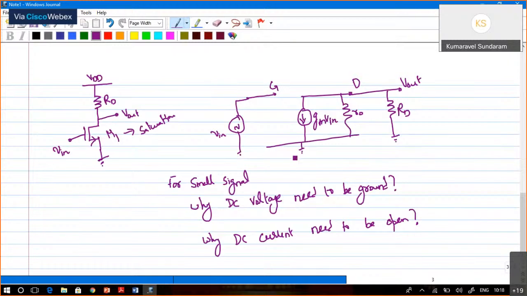Any guess? Am I audible? Any guess that you can make out of it? Why do we need to connect the DC voltage to ground? Yes, you're audible, sir.